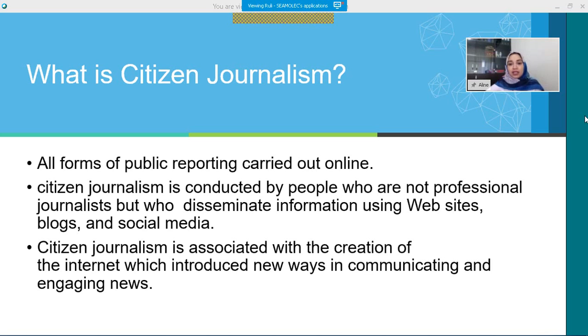So it is clearly defined by Sonia Albrado that citizen journalism is associated with the creation of the internet. When the internet came, it created such a big impact, which introduced new ways of communicating and engaging with news. Any people who are connected to the internet can spread news and content to their surroundings, mainly using social media, websites, and blogs.